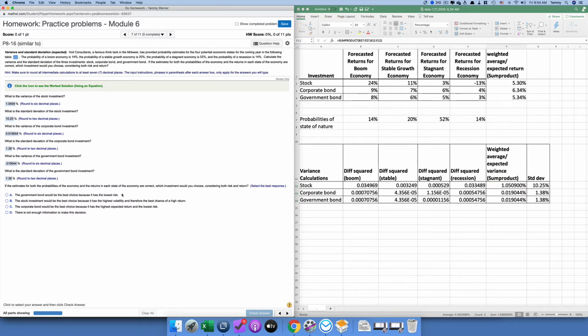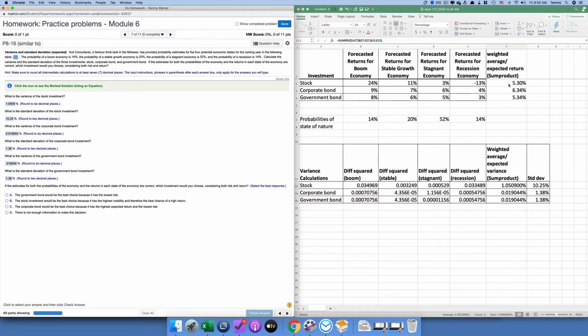If the estimates for both the probabilities of the economy and the returns in each state of the economy are correct, which investment would you choose considering both risk and return? Right, so we have a stock investment with an expected return of 5.3, but a standard deviation of 10.25, so it's very risky.